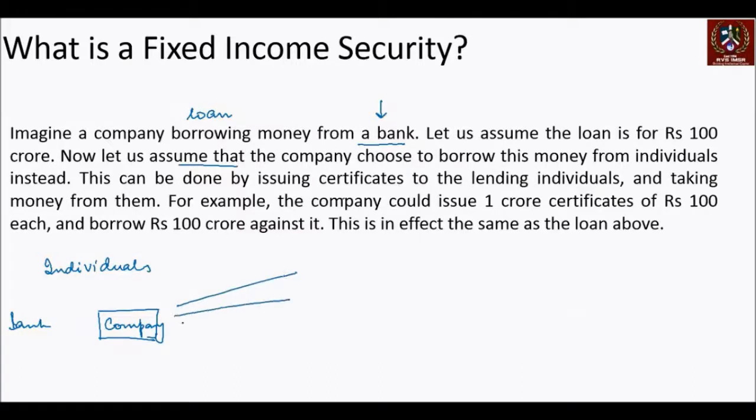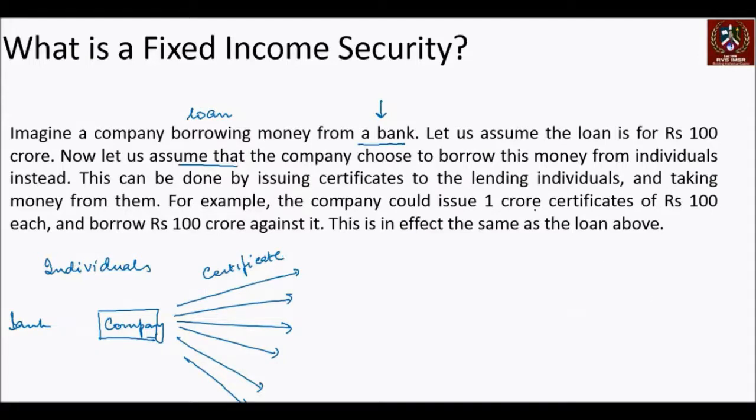So what you do is you go to a set of people, and to each of these people, you issue what is called a certificate, right? Anyone who holds this certificate is entitled to some payment from the company, because this is the certificate that defines that someone has lent money to the company, right?